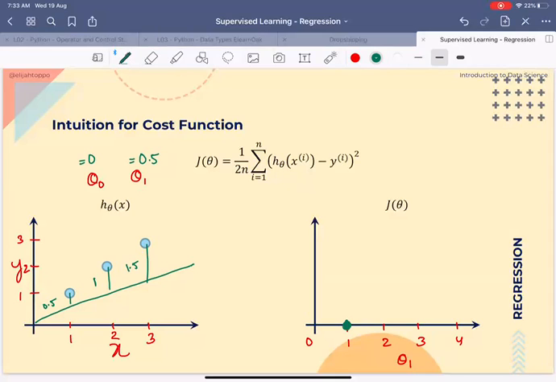So if I plot this error on this other plot here, I can say that when theta 1 is 0.5, that is somewhere around here, I get some error. Now, of course, we can go and evaluate this. I don't want to do that, but we will have a positive value of error, right? Does that make sense?